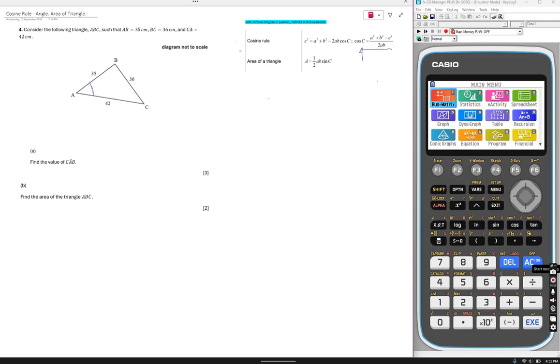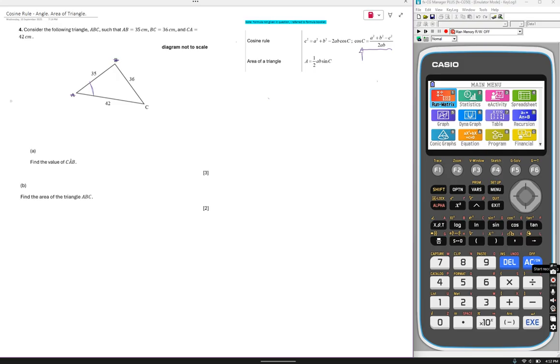It says cos of C. Now this capital C, all of the capital letters represent the angles and all of the lowercase letters represent the side lengths. But this C here is referring to the angle that we are trying to figure out. So if I go back to my diagram, I'm actually just going to draw a line.